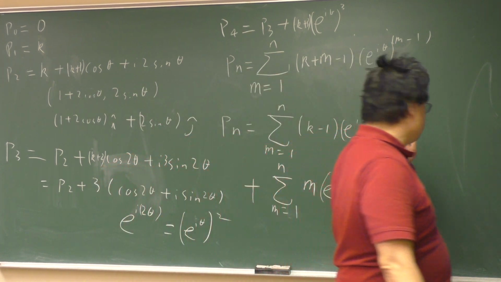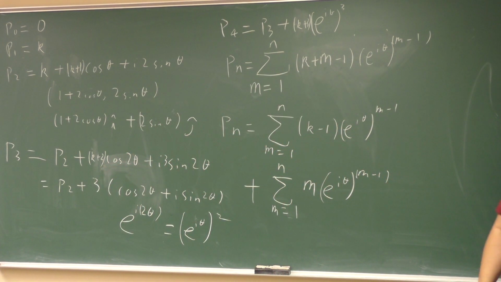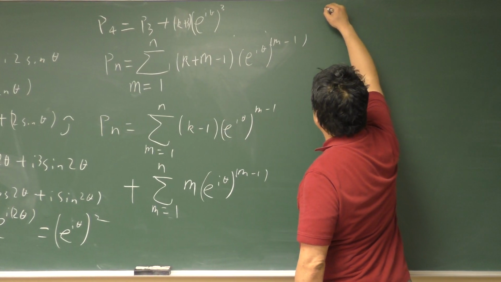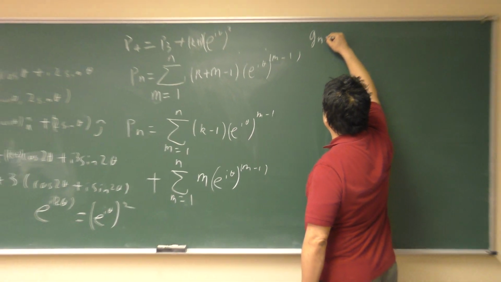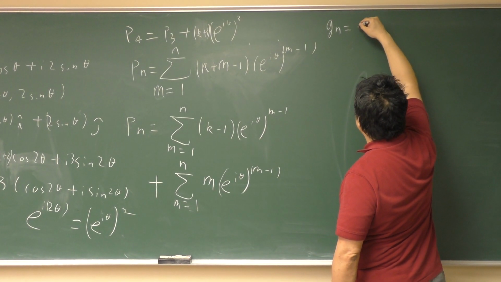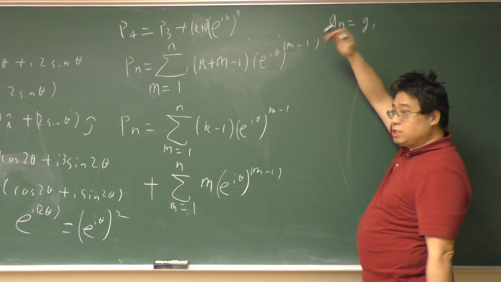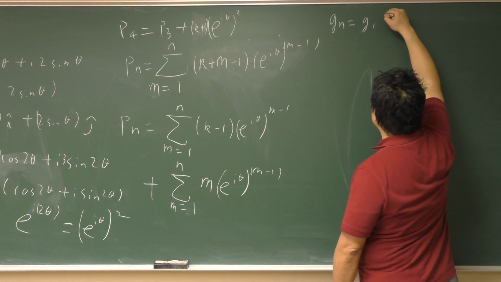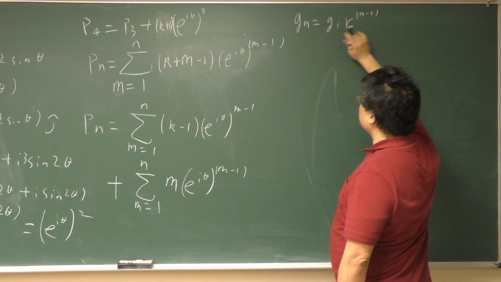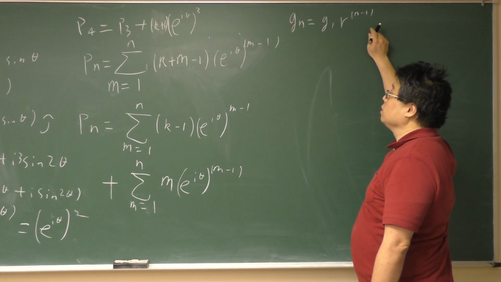This one is actually easy. The reason why this one is easy is because we actually have an equation for this. So let's say that you have a typical geometric series g of n, where g of n is equal to g of 1, whatever the g of 1 value is, times the ratio r to the n minus 1 power. This is a typical geometric series equation.